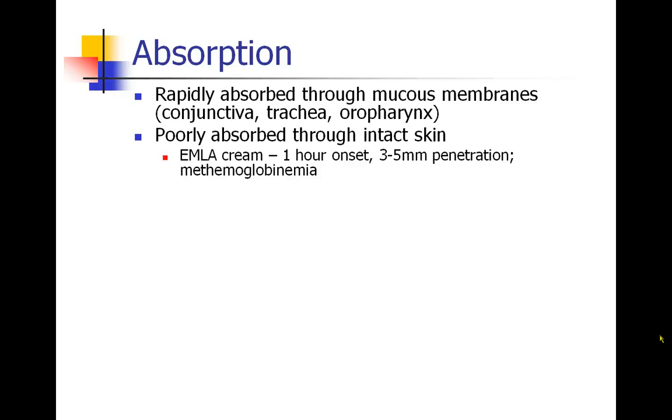And if you use way too much of it, you will actually run the risk of causing methemoglobinemia, which is something we'll speak about a little bit later on. So EMLA cream is sometimes used in anticipation of IV starts for children. But as you can see, it needs to be applied judiciously, and it needs to be applied with enough advance time.